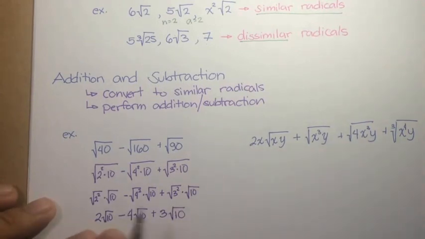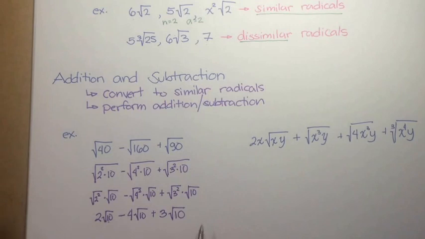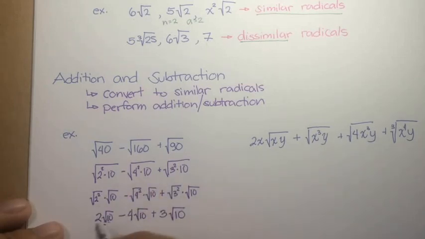If you notice, I have converted the values into similar radicals. All the radicands are equal to 10, and all the indices of these radicals are 2. They are all square roots. So I can now proceed with the addition and subtraction. I just consider the square root of 10 like a variable. Let x equal the square root of 10.